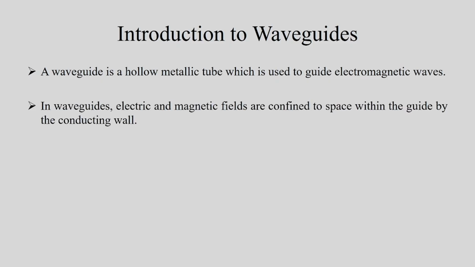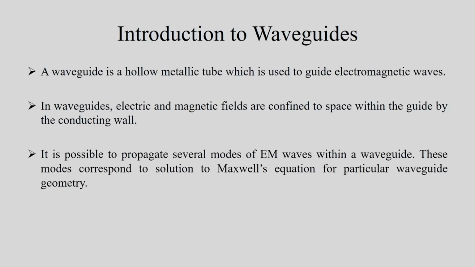In waveguide, electric and magnetic fields are confined to space within the guide by the surrounding conducting wall. It is possible to propagate several modes of EM waves within a waveguide. These modes correspond to solution of Maxwell's equation for particular waveguide geometry.